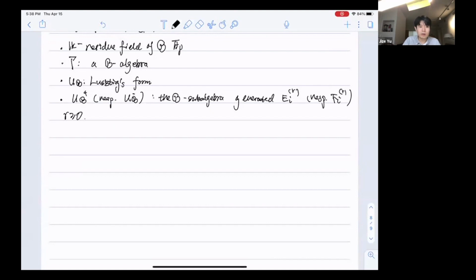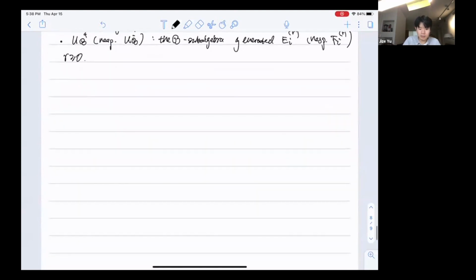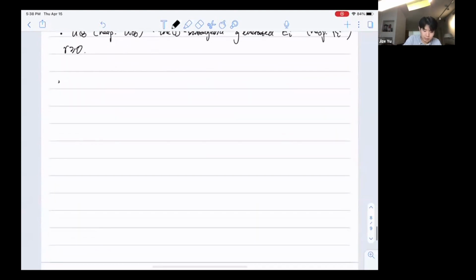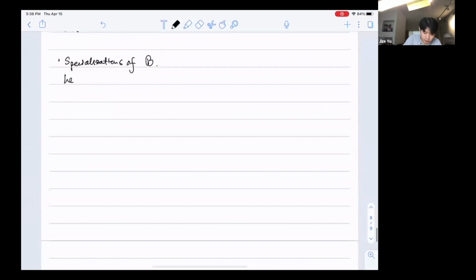Okay. So before proceeding to any discussion, let's talk a little bit about specializations of B into a field. Okay, so let's say we have a specialization of B to a field gamma.